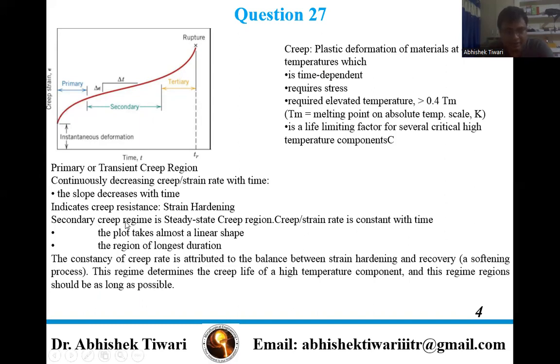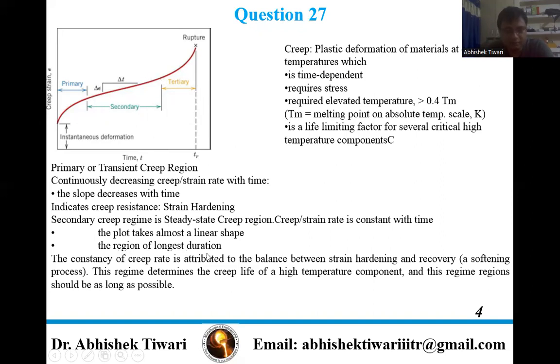Now the secondary creep regime, and this secondary creep regime is the steady state creep region. As we see, the slope is constant. This strain rate is constant. So the creep strain rate is constant with time, and the plot takes almost a linear shape.